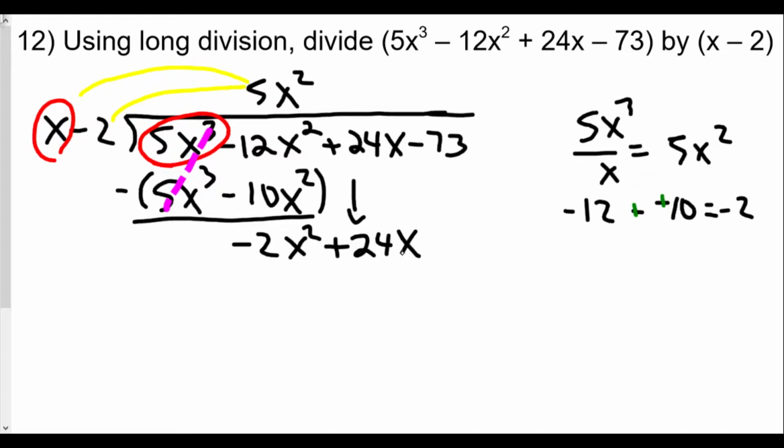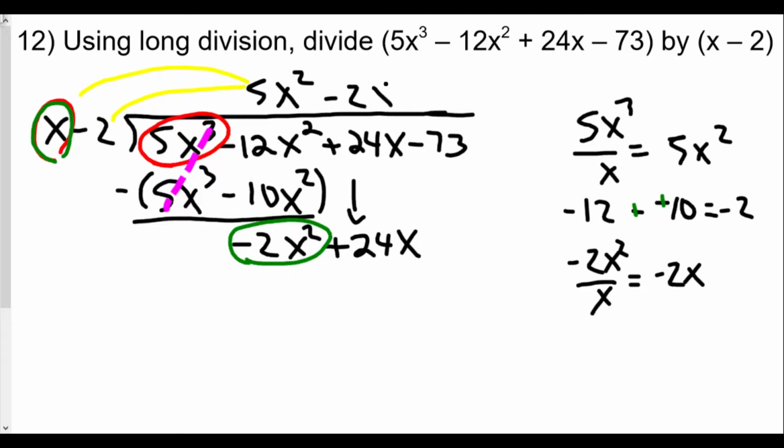All right, we drop down the 24x, and in this case, we're going to now see how many times x goes into the negative 2x squared. And so negative 2x squared divided by x is negative 2x. We're going to distribute.